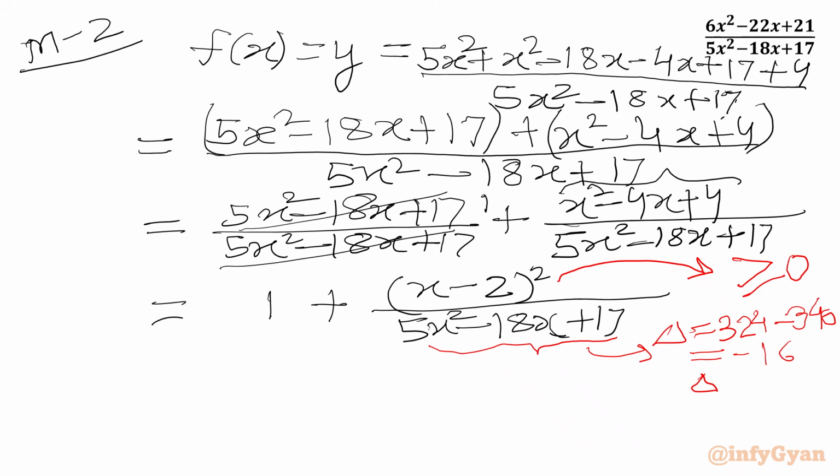The discriminant is negative, so we won't get any real solution. So the minimum value of y would be 1.